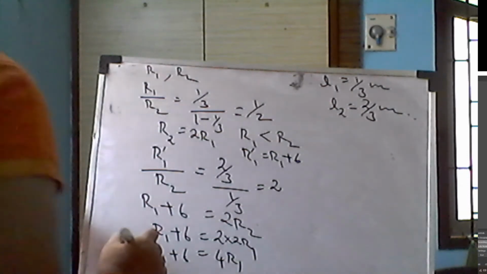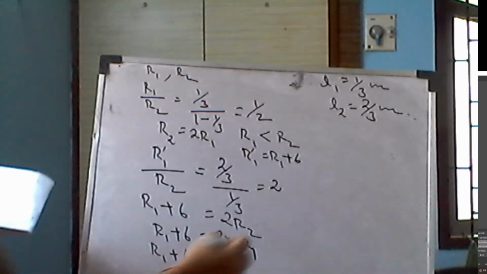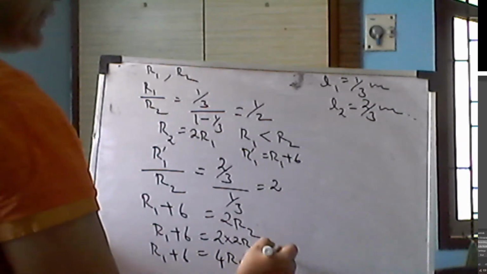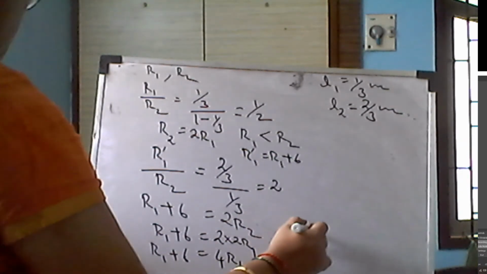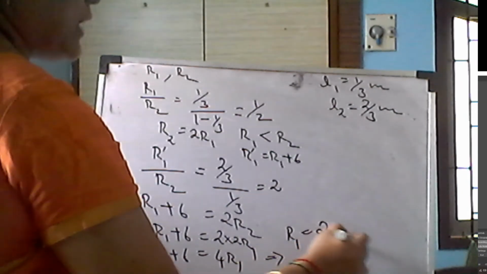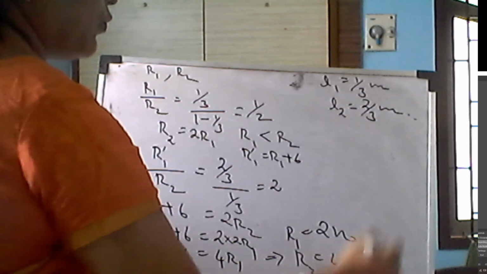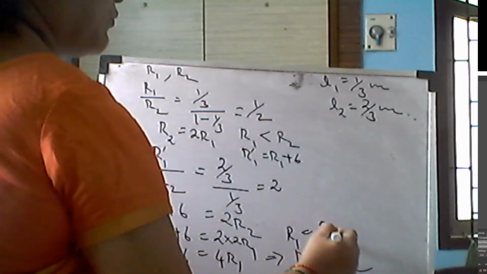So from here, taking R1 to the other side, you are getting R1 as 2 ohms and R2 as 2R1, so 4 ohms.